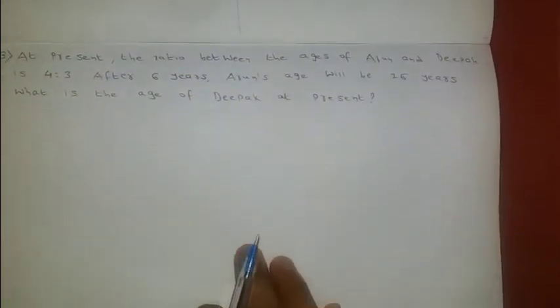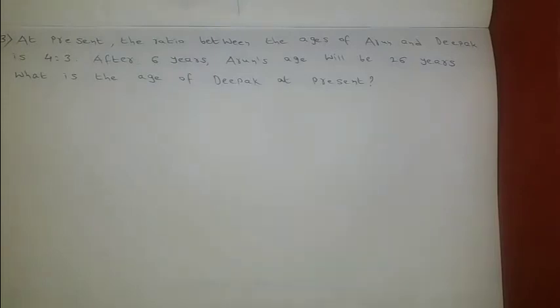Okay, let's move to the next question. At present, the ratio between the ages of Arun and Deepak is 4:3. After 6 years, Arun's age will be 26 years. Then what is Deepak's present age?